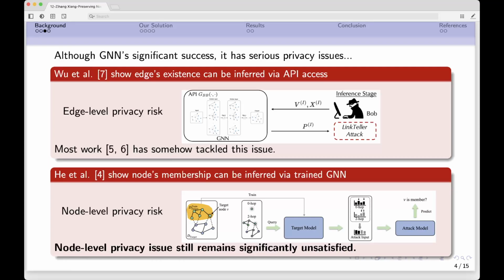This is known as the edge-level privacy issue. Fortunately, some work has somehow solved such an issue with an edge-level differential privacy solution. For another example shown at the bottom, given access to the trained GNN model, a membership inference attack against nodes can be performed. However, for this node-level issue, it remains largely unsatisfied.